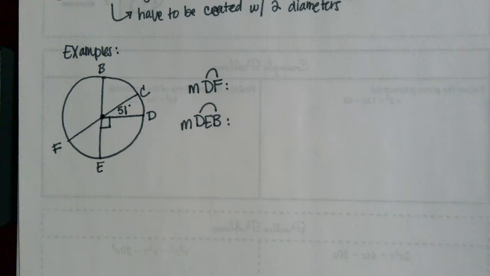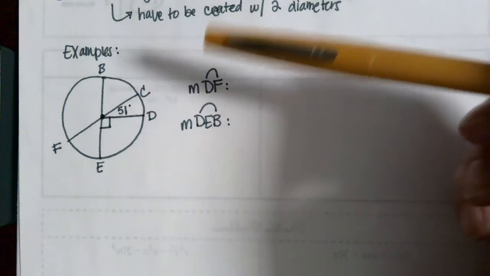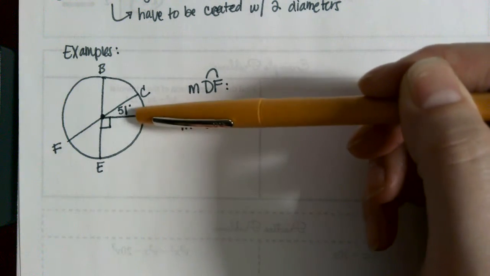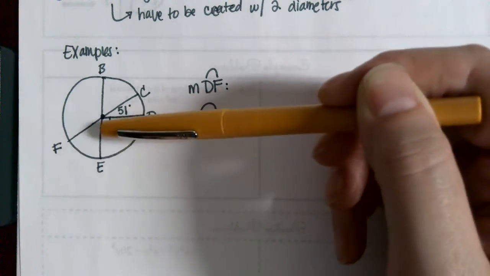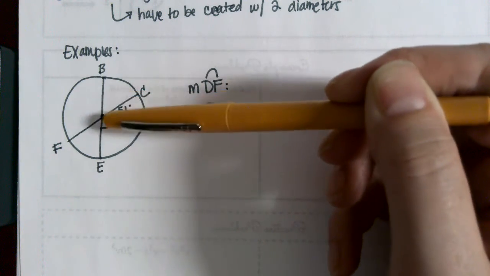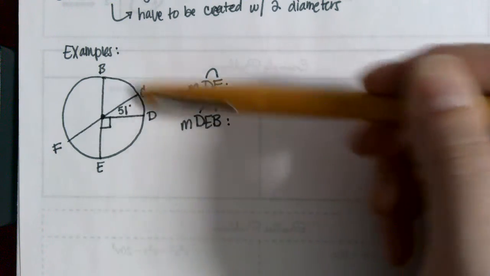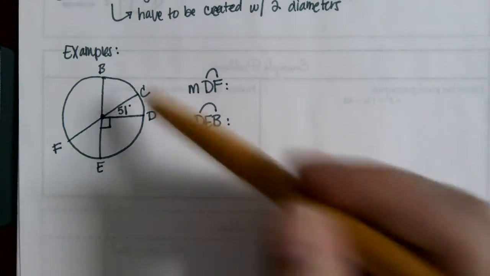And when I'm doing this, it's important to know that we're trying to find the arc measure. So DF is the first one we're going to find, but those are the same as the central angle. So if I can find all of these angles on the inside, I can find any arc on the outside.